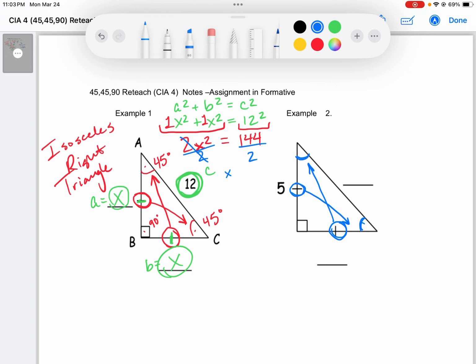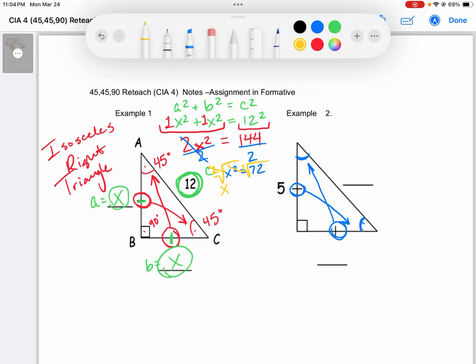Divide by 2, that cancels. x squared equals 72. And then to cancel an exponent, I use a root. So if I want to get rid of an exponent of 2, I have to find the square root. That leaves me with x. Whatever I do to one side, I have to do to the other.